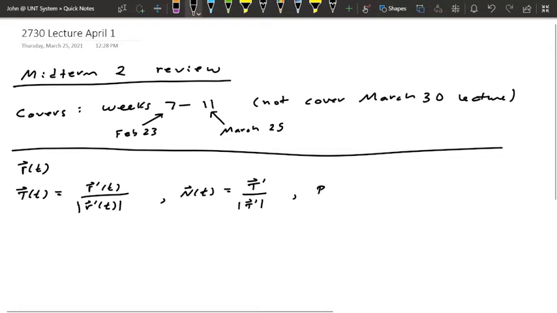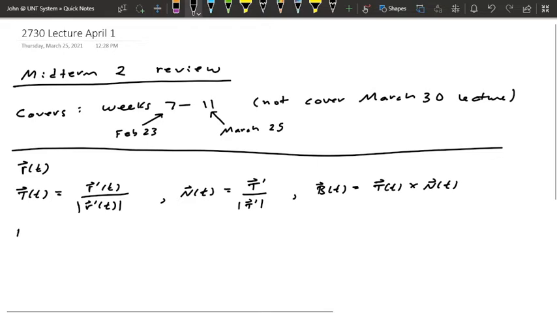And then we have B, the binormal, which is the cross product of T and N. So all three of these vector functions, at any given t, are orthogonal to each other. So they form like a three-dimensional coordinate system, so to speak. And they have unit length.